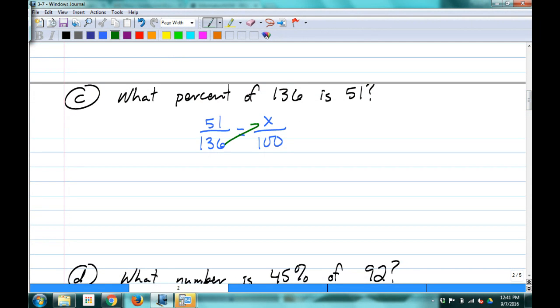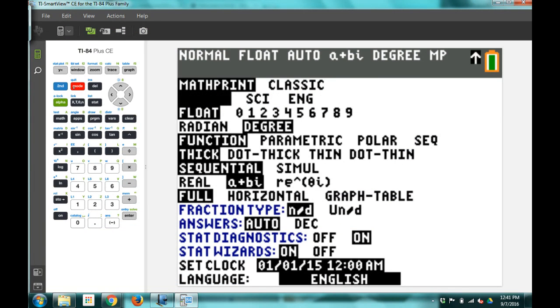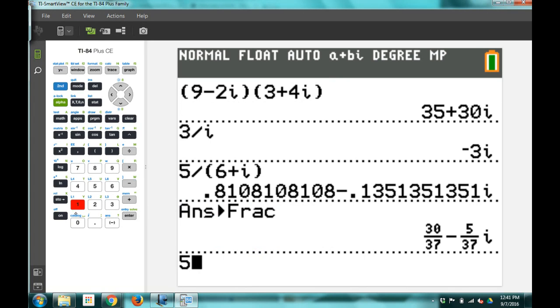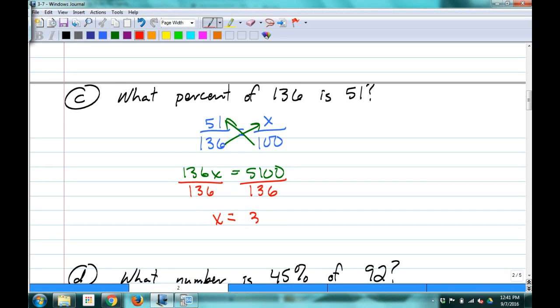Cross multiply. 5100, 136x, divide by 136. 5100 divided by 136 is 37.5. Yeah, 37.5.